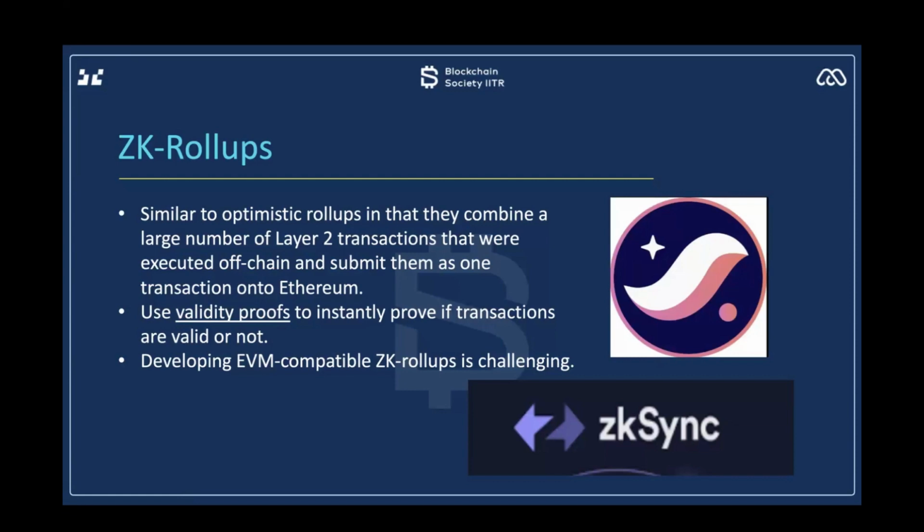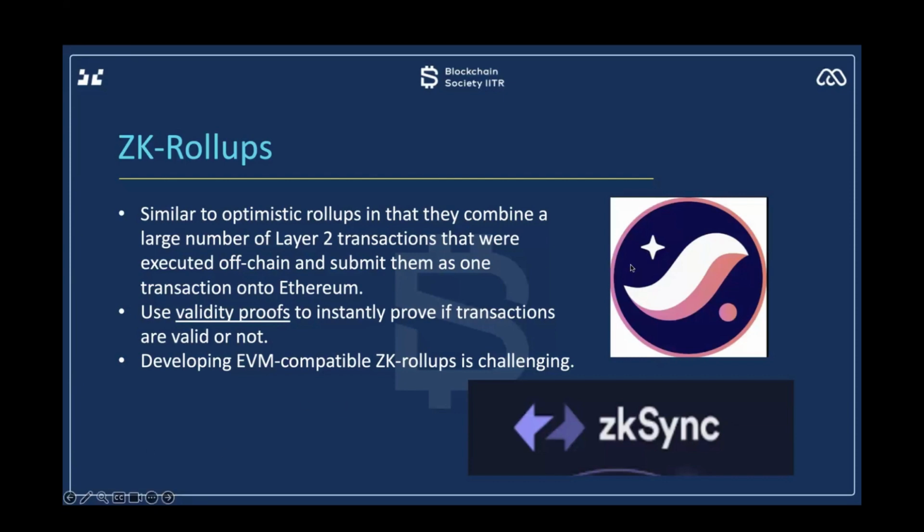But for ZK rollups, we have to develop an EVM which is compatible with the ZK circuits, and that is something to take care of. Many blockchains are working on it, but it still takes some resources and tools to develop an EVM which is compatible with zero knowledge circuits.